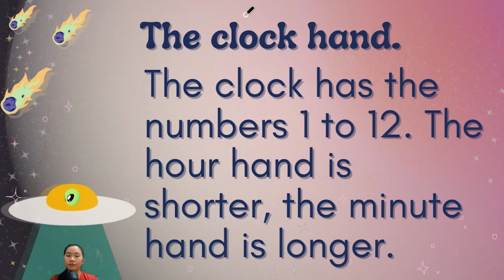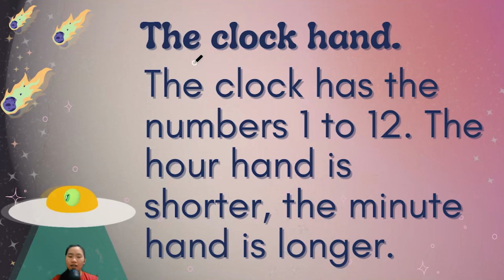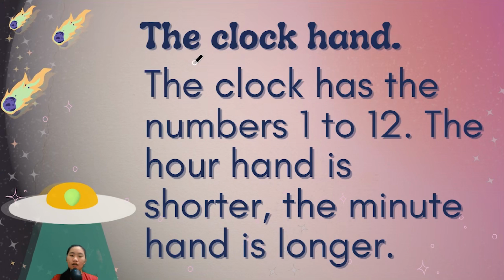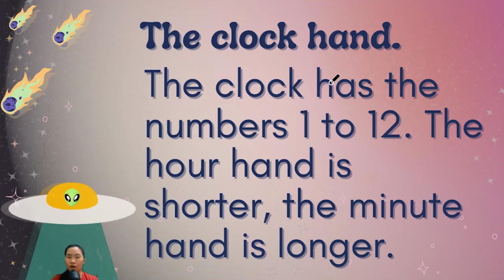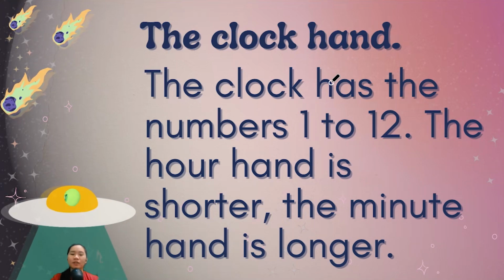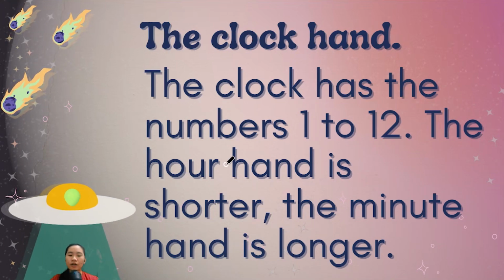The clock has two hands, meaning it has two sticks, basically, pointing at different numbers. And the total numbers on the clock is 1, 2, up to 12. There is no 0, okay? The hour hand is the shorter hand.